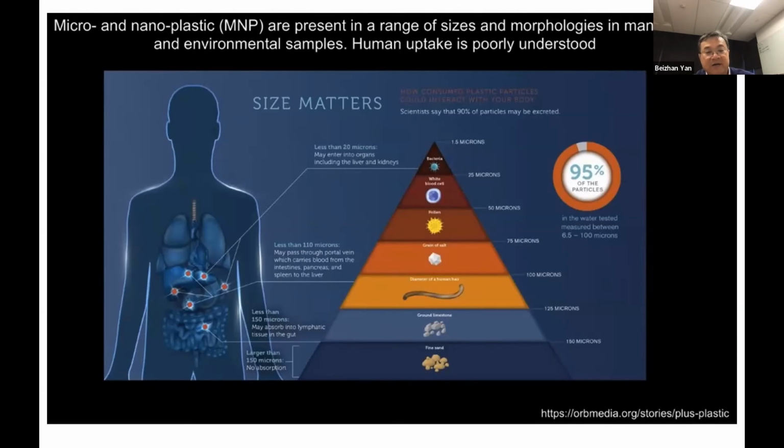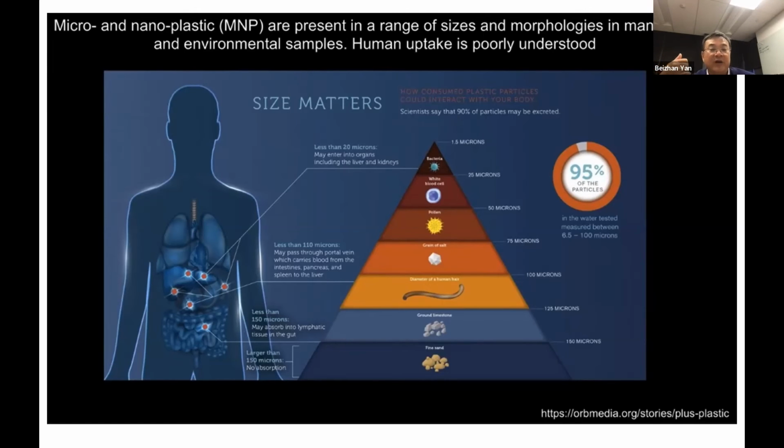The reason size matters is that if a particle has a smaller size, it is easier to get into the body. It can cross the epithelial cells, be carried by the blood, and be transported to different organs, where it can deposit. Because the human body is pretty good at retaining particles behind the kidney, particles that get in have a difficult way to come out. So you basically accumulate them, and over the ages the particles in the body keep growing.